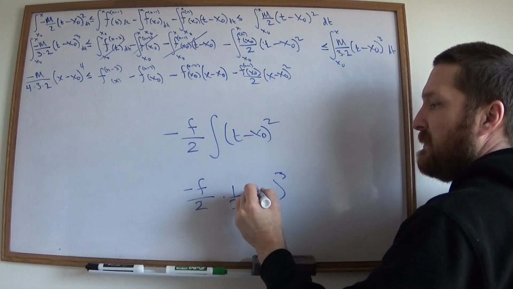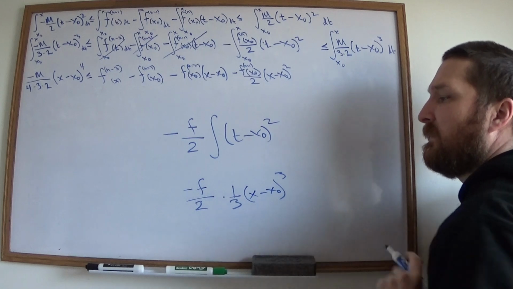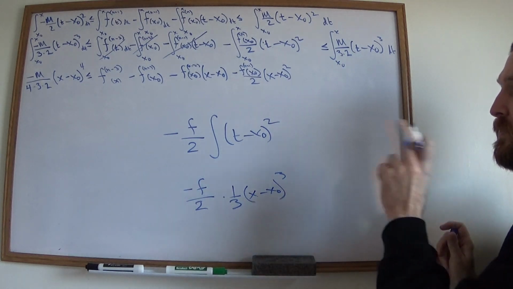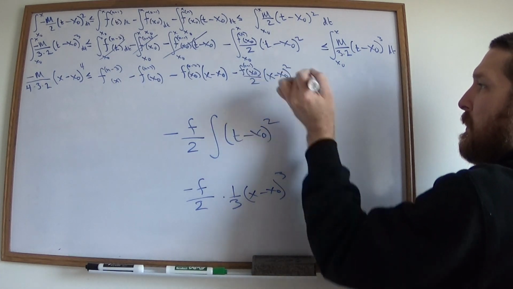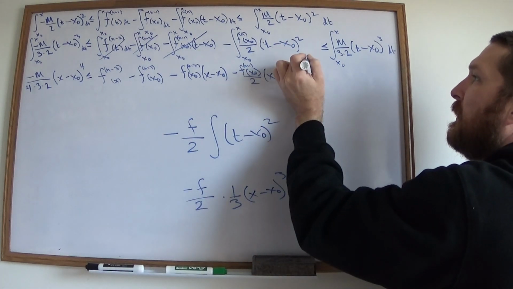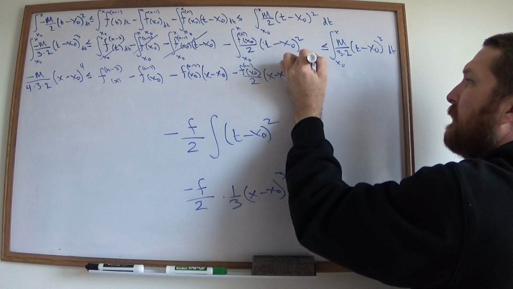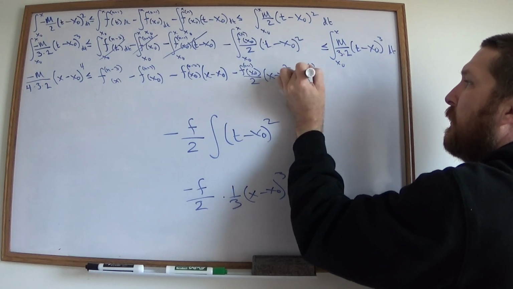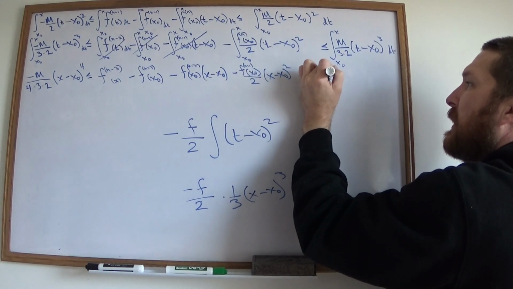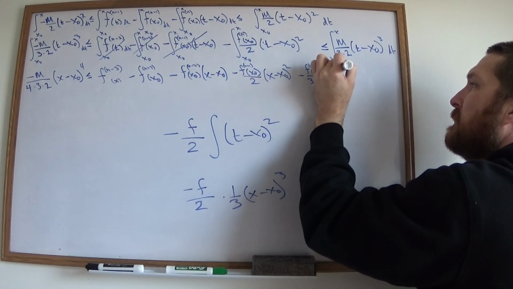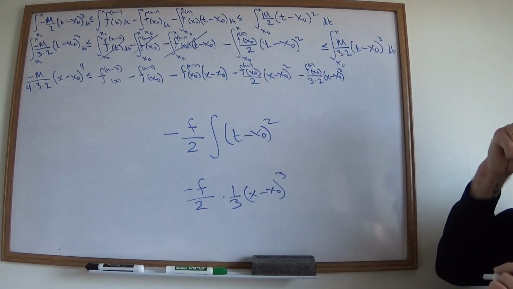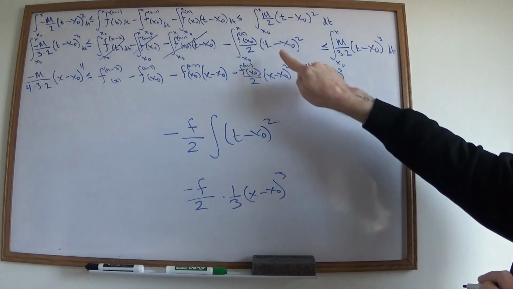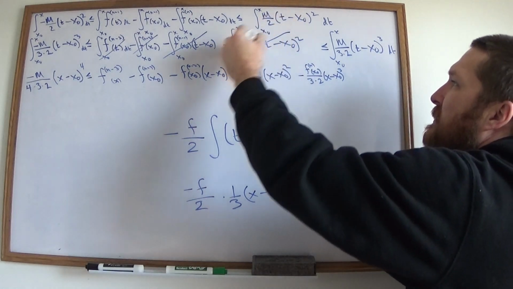The x and the x0 is going to leave us just with that. So I could rewrite that as minus the nth derivative at x0 over 3 times 2 times x minus x0 cubed. That should be that one. There's that.